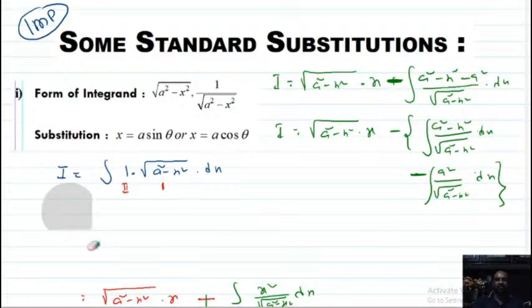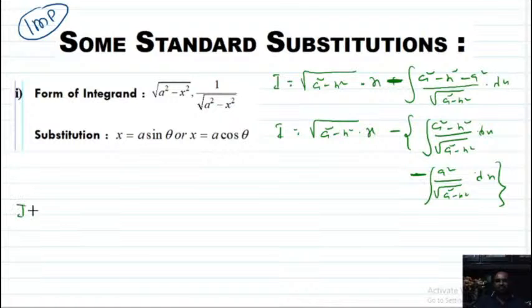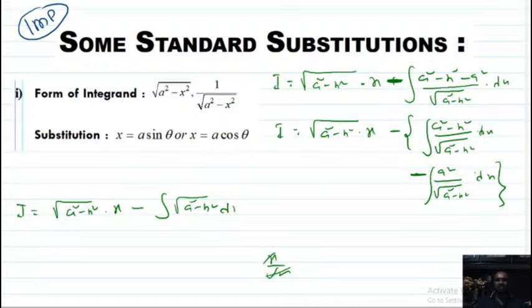Now I want to write, okay, I is equal to, students, root over a square minus x square into x minus integration of root over a square minus x square, because the problem is x by root x form, that is root x only, dx, minus into minus plus a square into integration of 1 by root over a square minus x square dx. This is final.